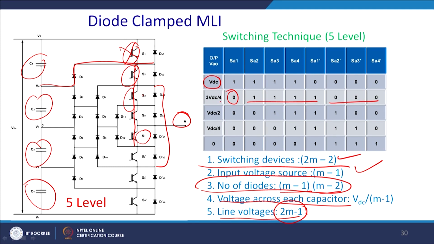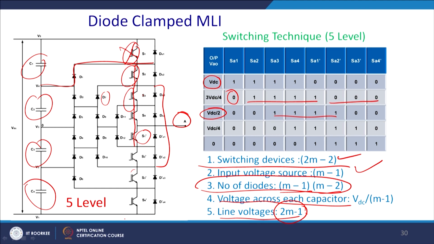So, you will get the voltage of plus 3 VDC by 4, and similarly, if you wish to get VDC by 2, these two switches should be off, then D7 will take care, and these 4 switches will be on and the lower 2 switches will be off.